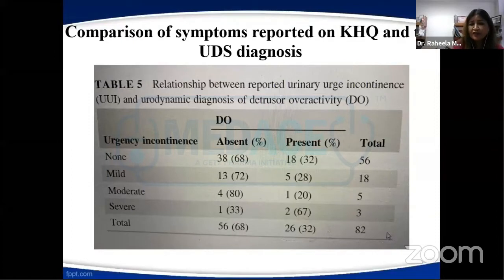And in the severe group, there were 3 cases, but urodynamics says in 2 it was present, in 1 it was absent. So out of 82, in 26 the machine says the symptoms are reliable. In 56, the bigger number, the machine says the symptoms are not reliable. So what do you do then?